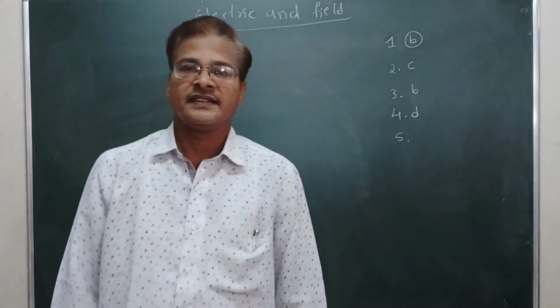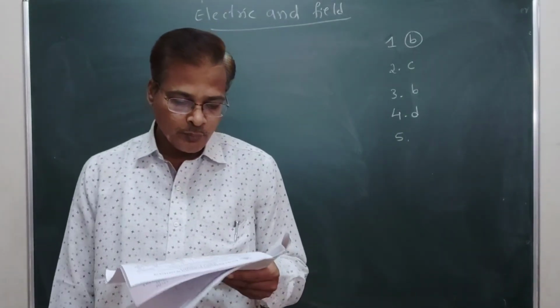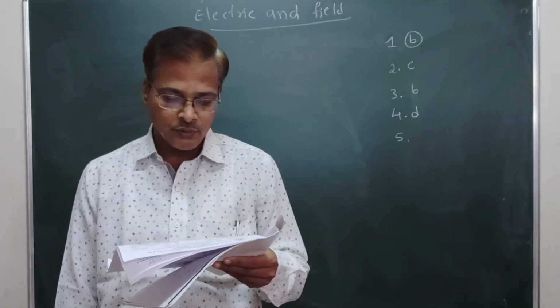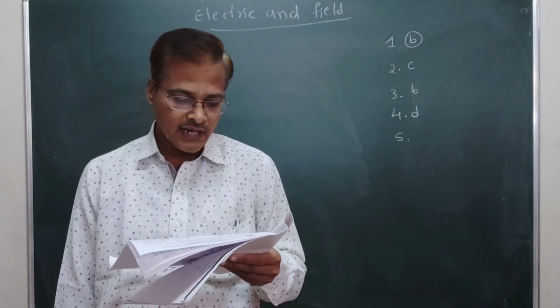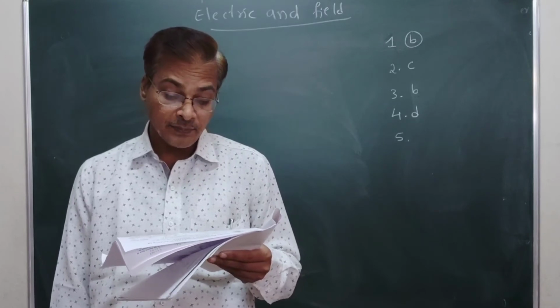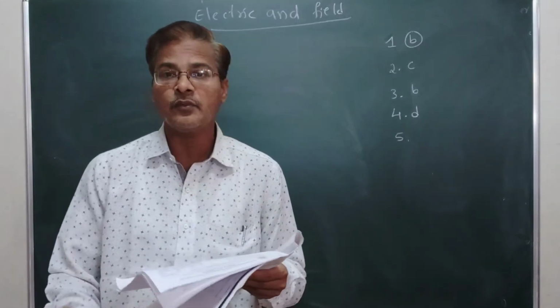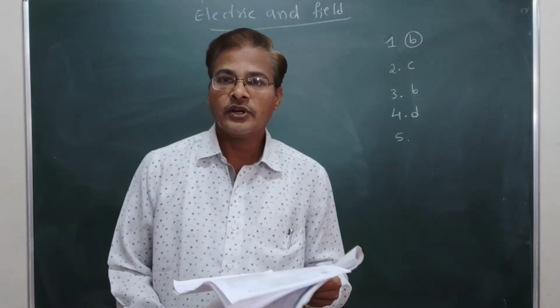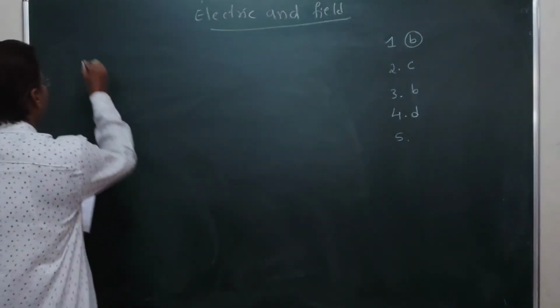So now we are going to see the fifth problem. Two particles A and B having equal charges placed at a distance d apart. A third charged particle placed on the perpendicular at a distance x will experience the maximum Coulomb force. What will be the x value we have to find out. The options are given like this.